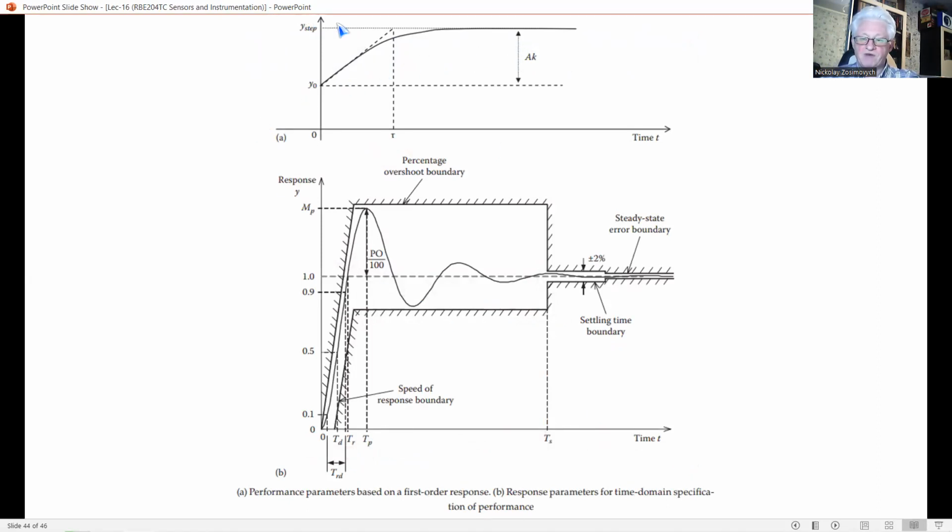The first term of the right-hand side is the free response, and the second term is the forced response. It should be clear that a significant parameter of performance specification using a first order model is the time constant tau.